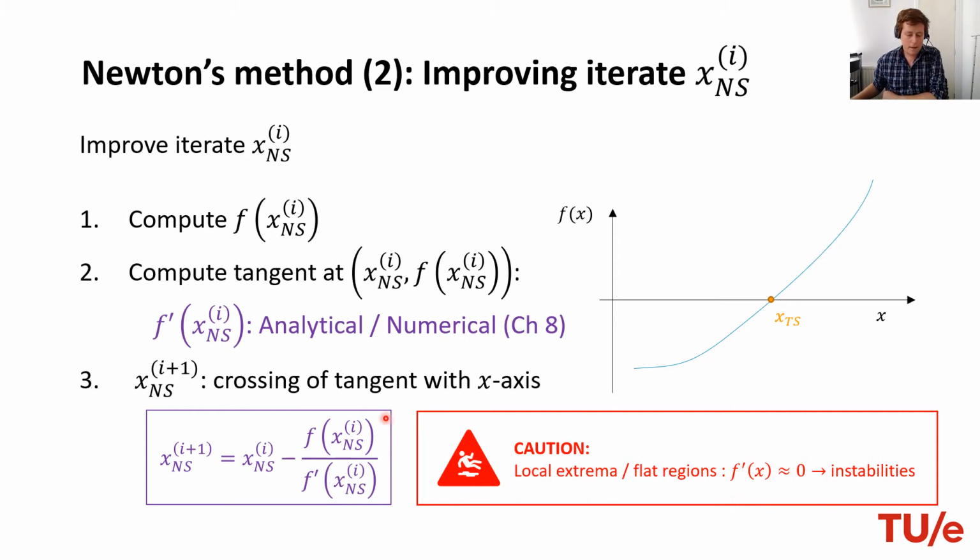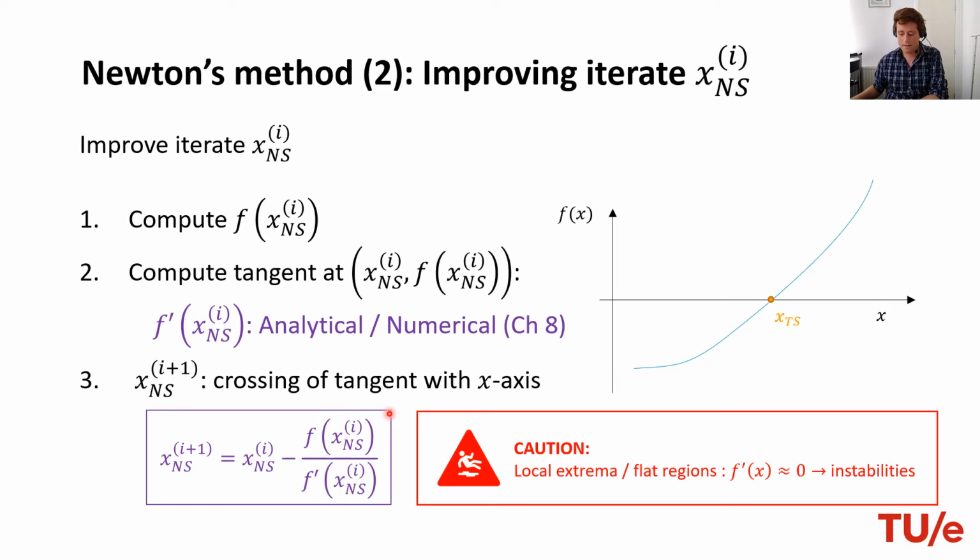And if we look at the expression for the solution in the new iteration, we see that here we divide by the first derivative of f. Now, if that gets very small, this update, so the second term on the right, will get very large. And this might cause instabilities in your iterative procedure.